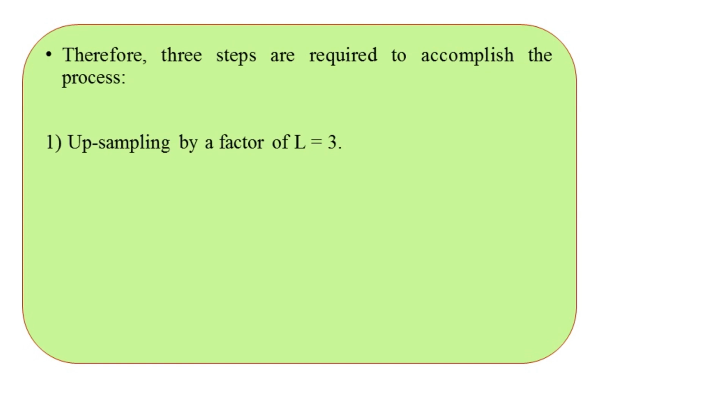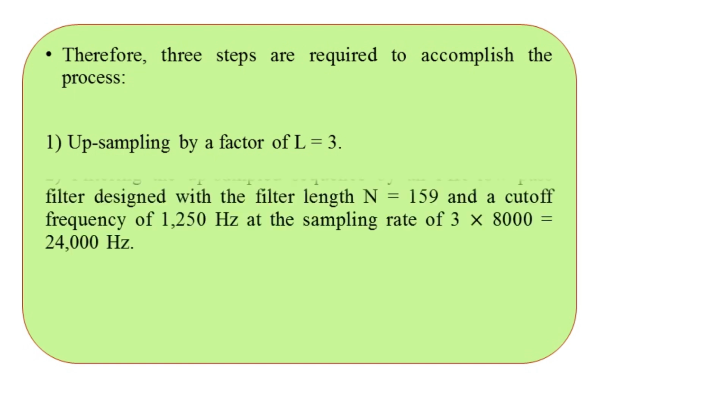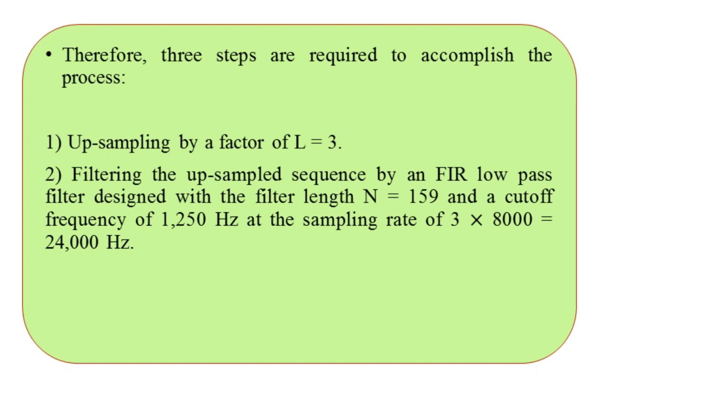This filtering is carried out by a finite impulse response FIR low pass filter designed with the filter length N equal to 159 and a cutoff frequency of 1250 Hz at the sampling rate of 3 times 8000, that is 24,000 Hz.